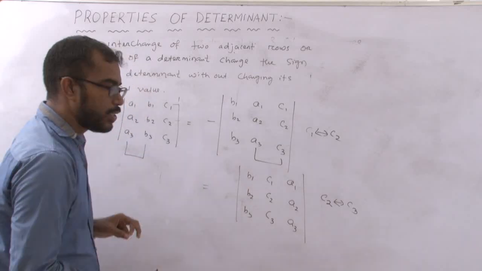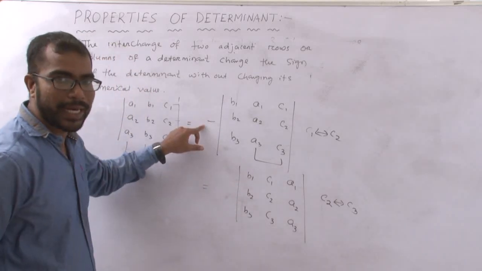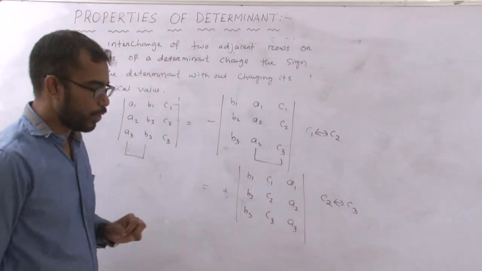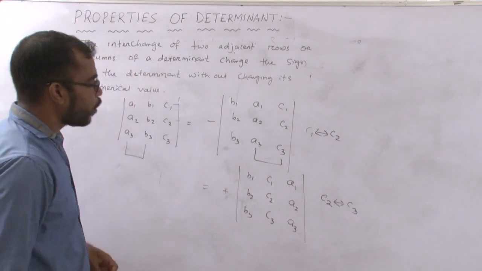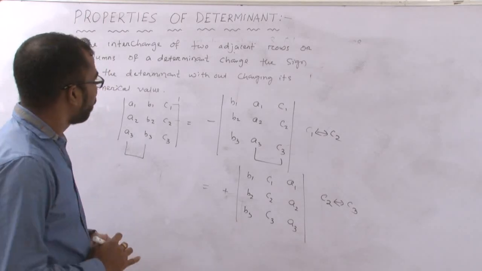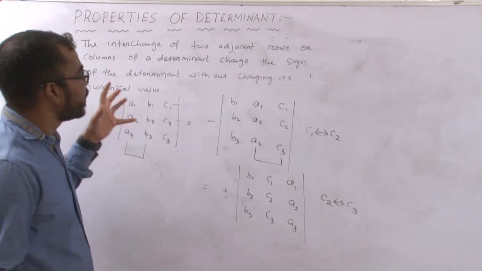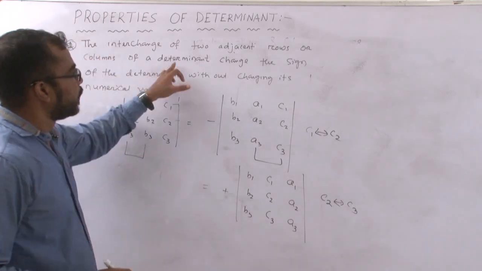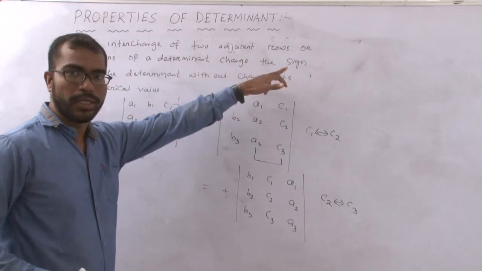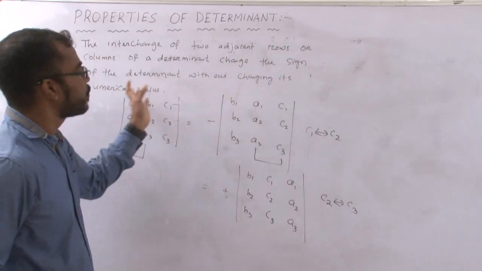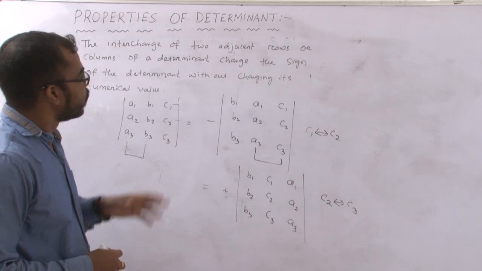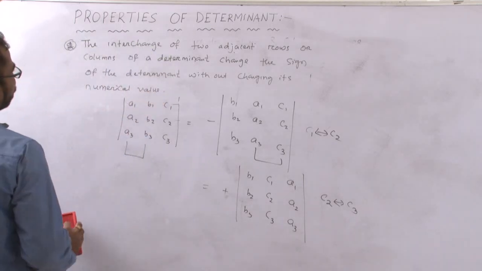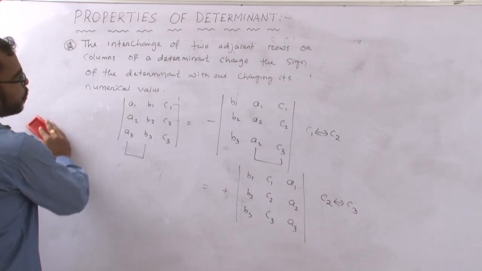And the sign will be changed. Here the sign is negative, so negative of negative means positive. So according to property 2, if we change two adjacent rows or columns, then the determinant changes sign only, without changing its numerical value. So this is property 2, and next we proceed to property number 3.